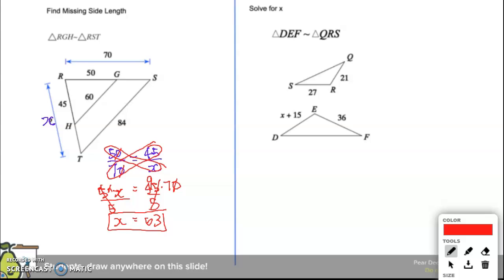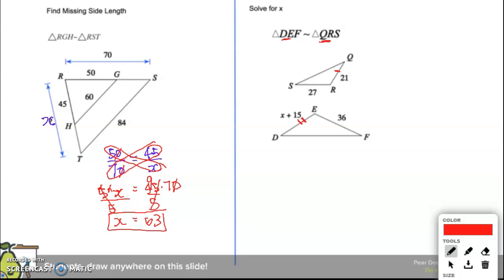So we're going to go with RQ. RQ is the first two letters and they correspond to DE. They're not the same, but they are corresponding.